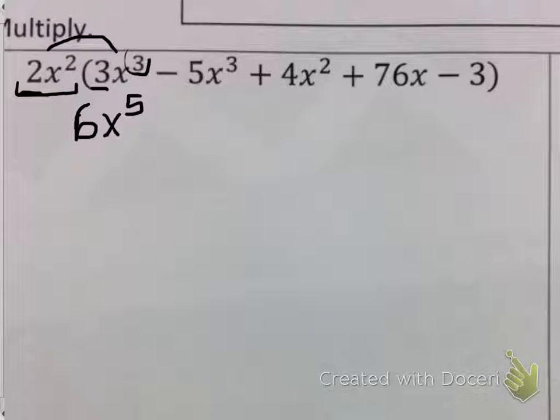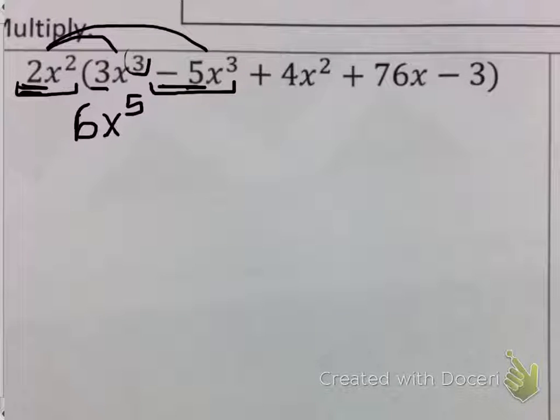Now we are going to do the second term, which has this negative 5 connected to it. We're going to multiply these front terms.